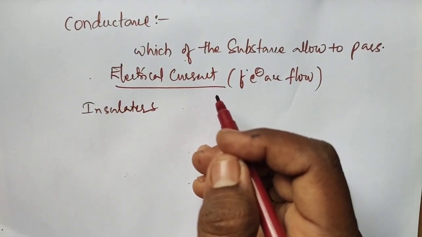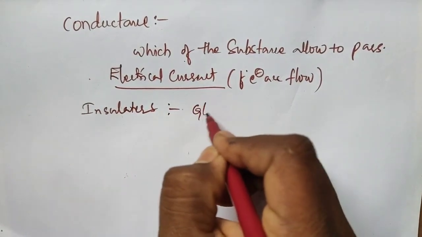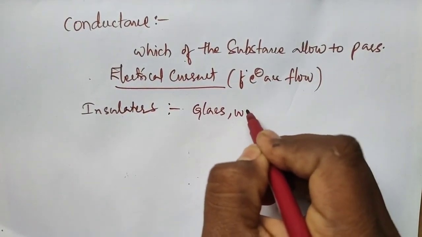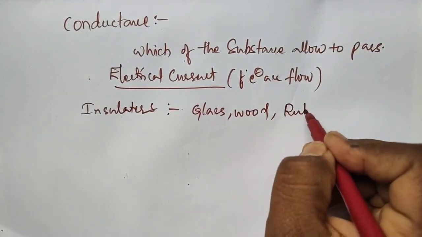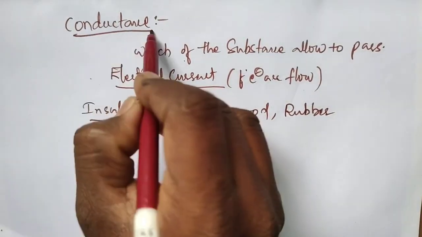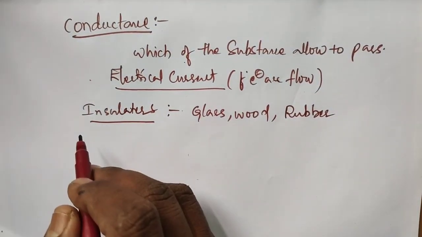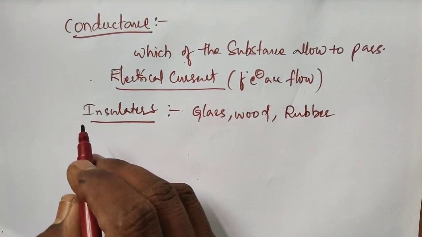And conductors depend upon conditions; sometimes they allow, sometimes they do not allow, so those are called semiconductors.